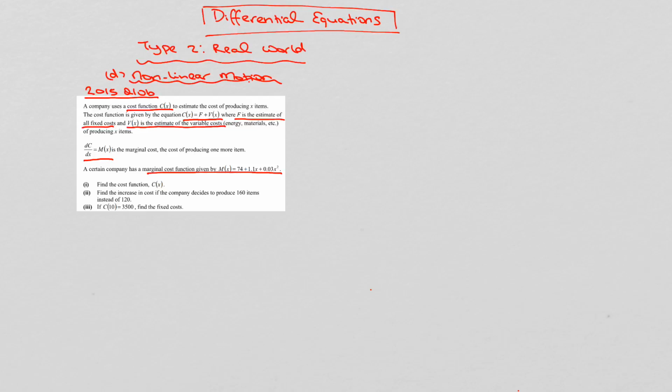So the first thing we want to do is find the cost function C of x. So if we set up the first equation there, we have dC/dx is equal to M of x, sorry, that's not t, it should be dx, but we know that dC/dx is equal to 74 plus 1.1x plus 0.03x squared.